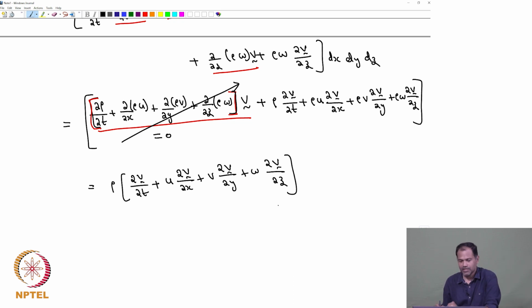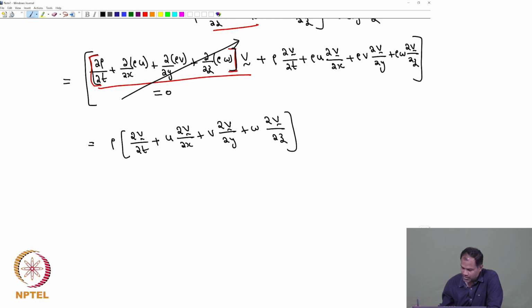Okay. So, that is nothing but the total derivative, the material derivative of velocity which we had shown. So, that is nothing but is equal to rho times del v by del t plus v dot grad v.